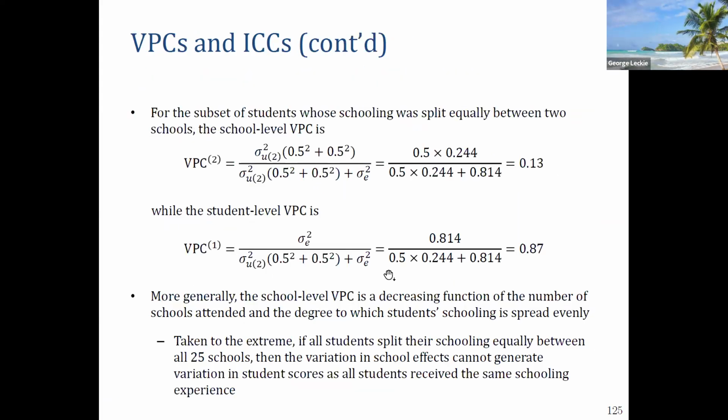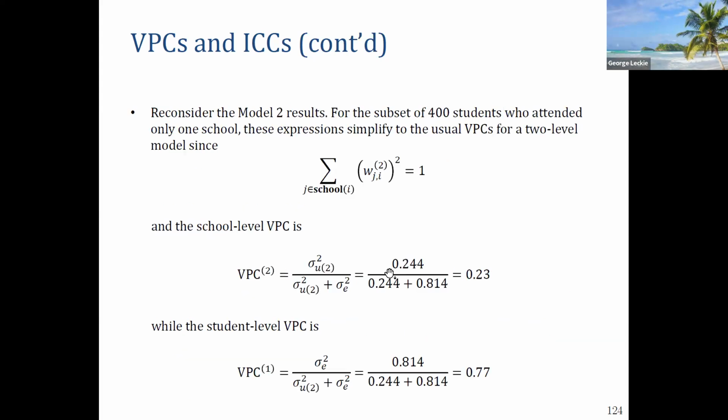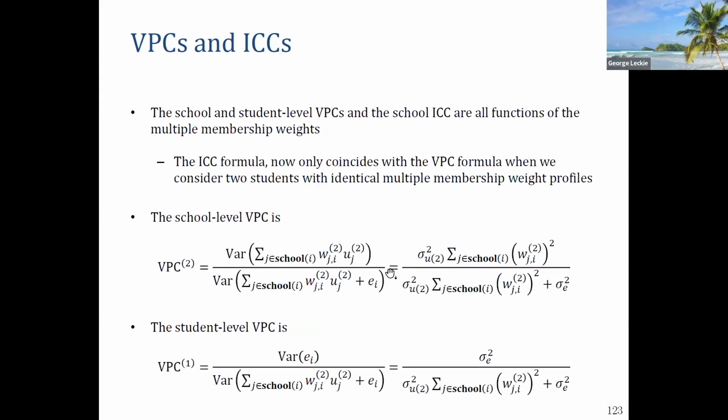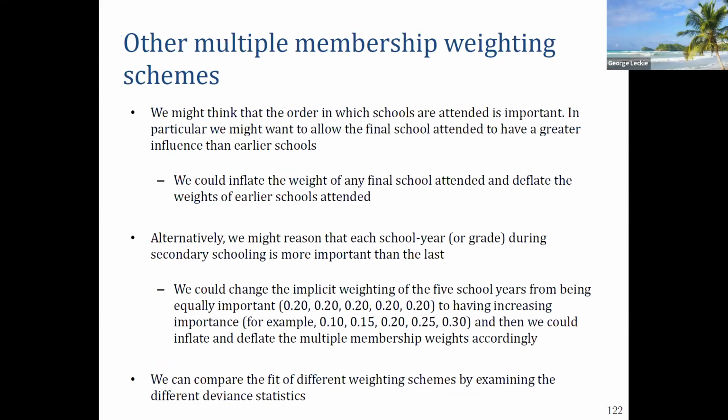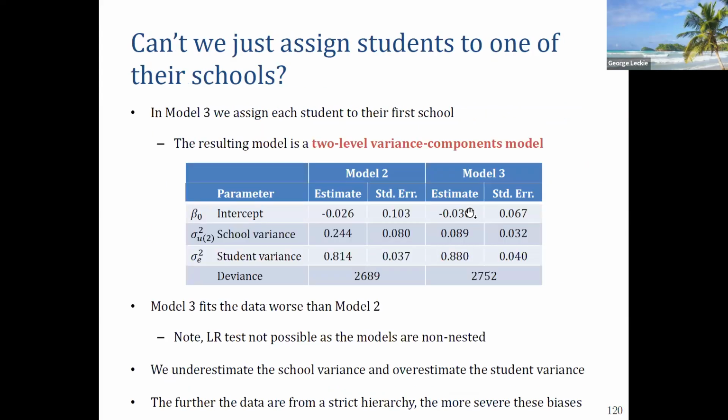Right. I'm going to, yeah, so the VPCs and the ICCs here. So the tempting thing to do with model 2 is to say, oh, the VPC, which is the proportion of variance at the school level, is the school variance divided by the total. That's what we always do, right?